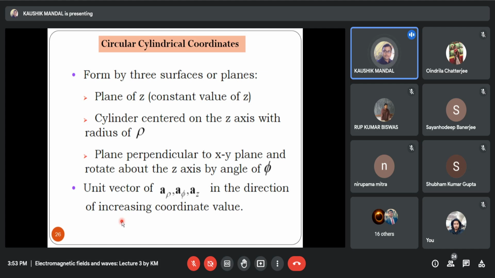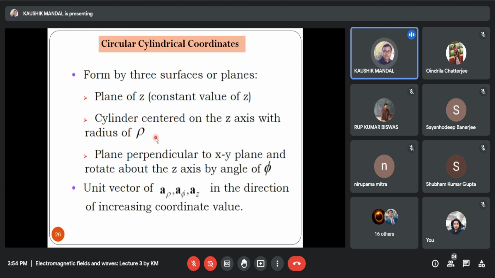The first plane is the plane of z, where the z value is constant. Another one is a cylindrical surface. The center of the cylindrical surface will be on the z-axis. The radius of the corresponding cylinder will be rho.